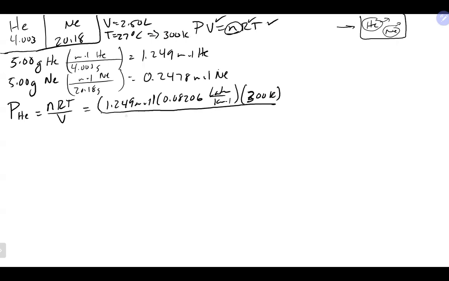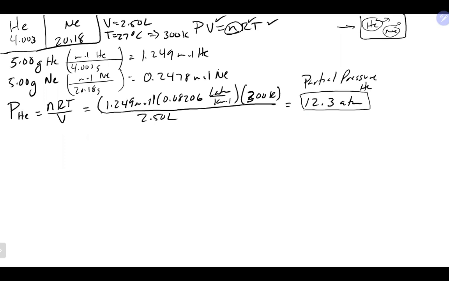Divided by the volume here, which is 2.5 liters. That gives us 1.249 times 0.08206 times 300 divided by 2.5, which is 12.3 atmospheres for our helium. That would be the partial pressure of helium in this mixture.